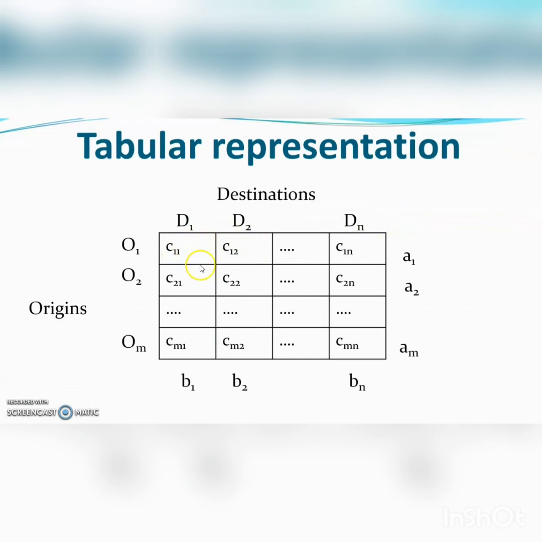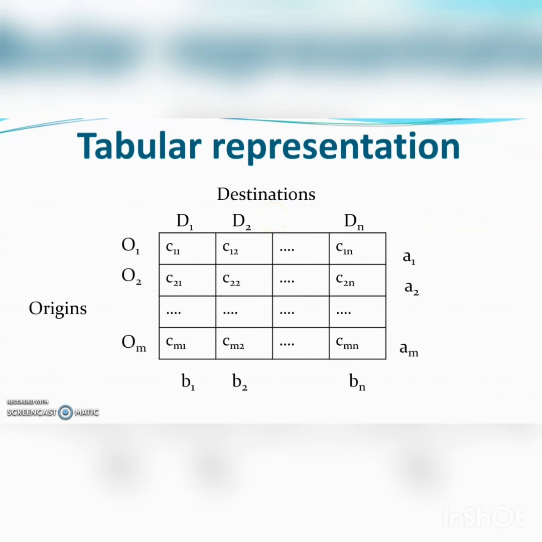The entries in the cells are the unit transportation costs, that is Cij is the unit transportation cost to shift a unit item from the origin Oi to the destination Dj.